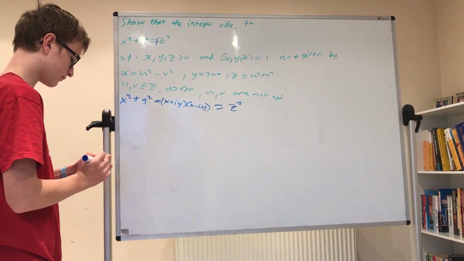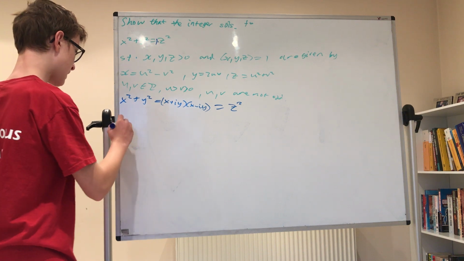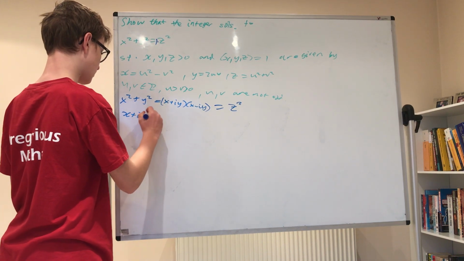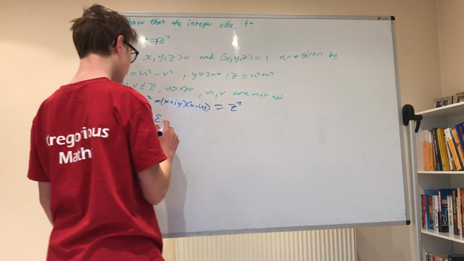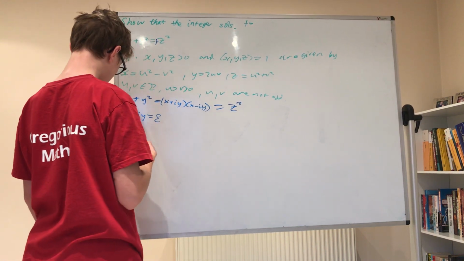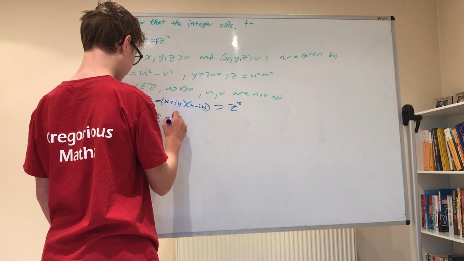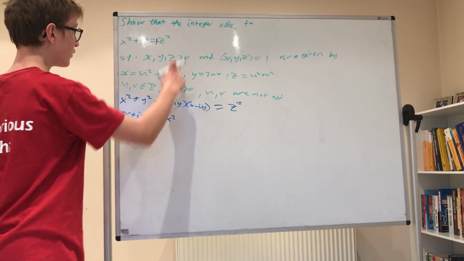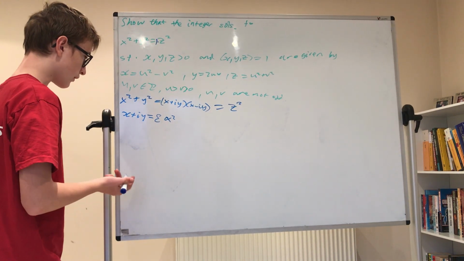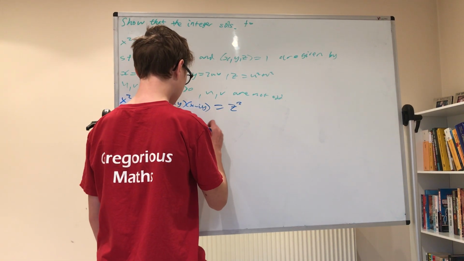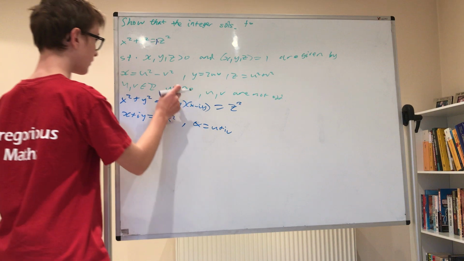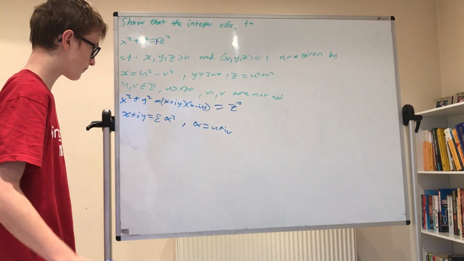And therefore, x plus iy is equal to some unit epsilon times alpha squared, because they're power 2. Alright, and then we're just going to use this. Now we're going to put alpha equal to u plus iv, because that's how these numbers are given here.